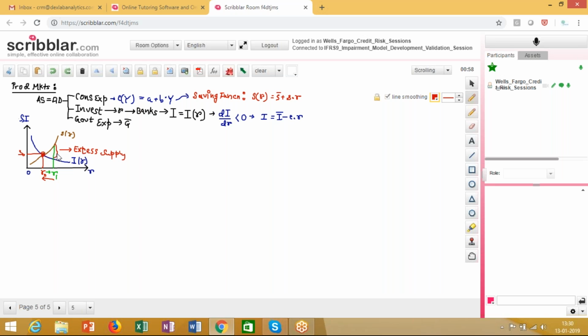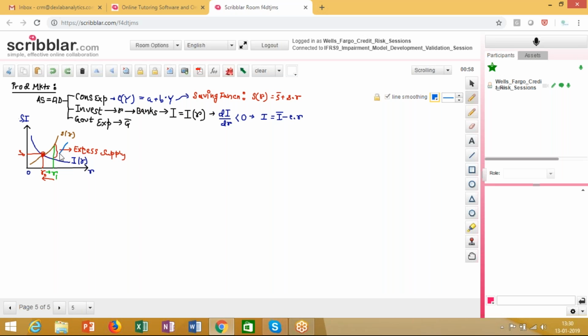Now, let's say due to some sort of scheme or something that happens, the savings in the bank shifts. With the increase in the savings curve, the rate of interest will gradually increase.